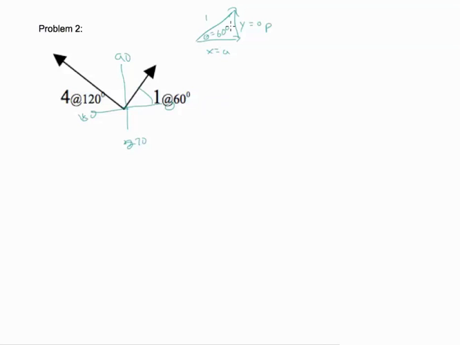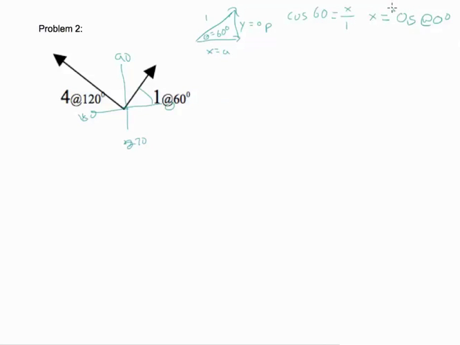So if we think about SOHCAHTOA, in order to solve for x, our adjacent side, we'll do cosine of 60 equals adjacent over hypotenuse. So our x is equal to 0.5 and 0.5 at 0. And even more specifically, positive 0.5 at 0 degrees.